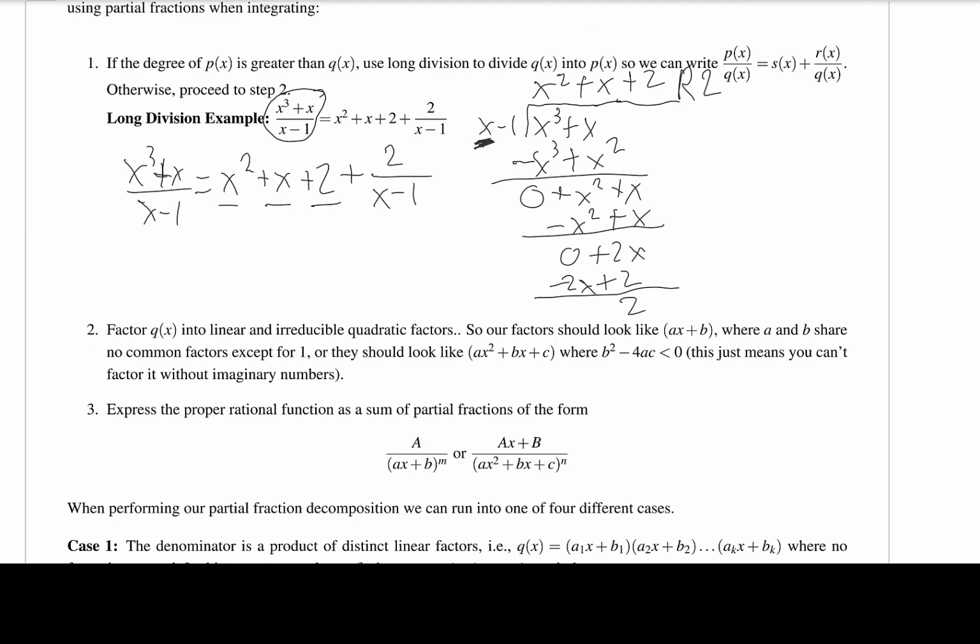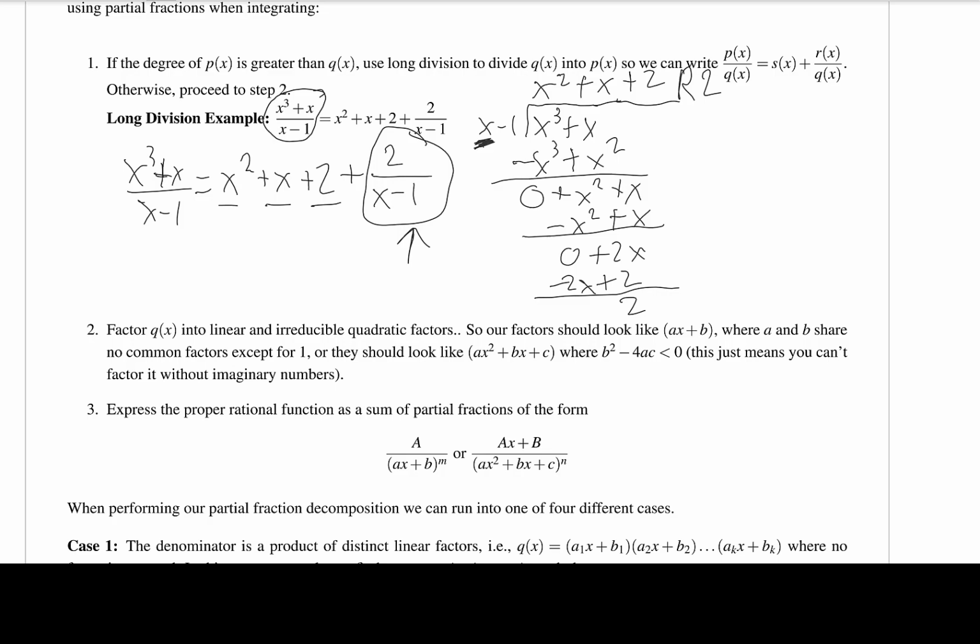So that was one of our cases of how do we do long division to set up a partial fractions problem. This right here is something that's nice to integrate. A lot of times when we do long division, we're not going to have a nice remainder, or we won't have a nice denominator. So a lot of times we'll have to do partial fractions on this.